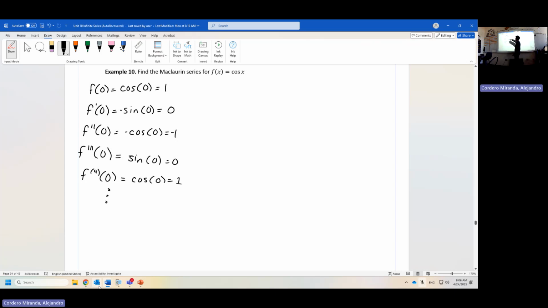Hopefully you saw that the pattern goes 1, 0, negative 1, 0, and then it'll start over again because you're back to cosine. So 1, 0, negative 1, 0, 1, 0, negative 1, 0.